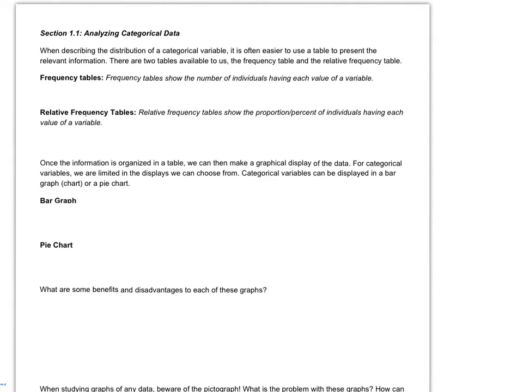The difference is, by looking at the proportion and percent, you're looking at that group relative to the entire set of individuals. So for example, if I did hair color and we did a frequency table, we would give our options.